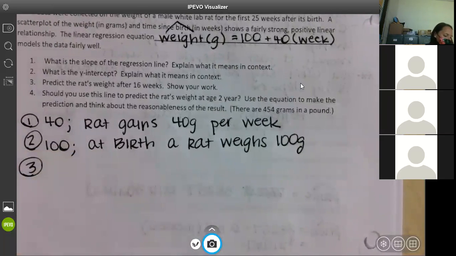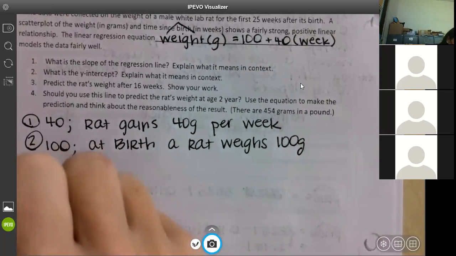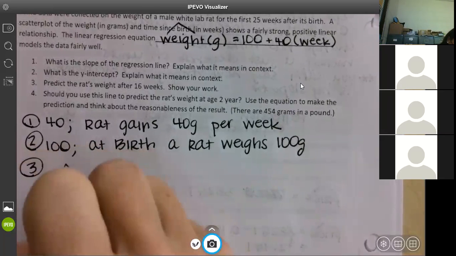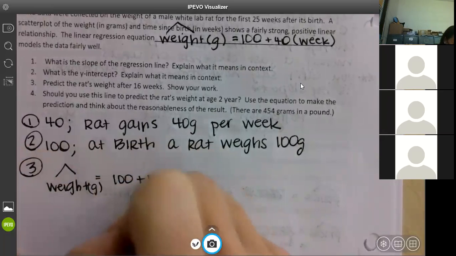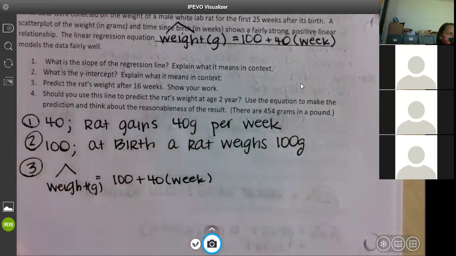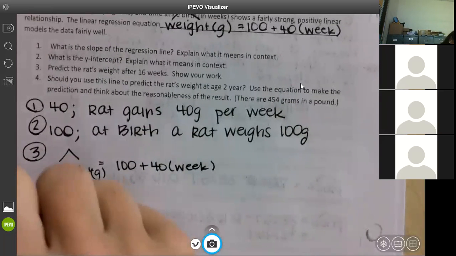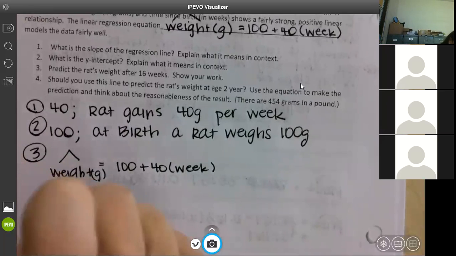Predict the rat's weight after 16 weeks. It says show your work. This is where I'm talking about. Go ahead and rewrite that equation. Predicted weight in grams equals 100 plus 40 times weeks. We're trying to predict the weight, so we're going to keep that in there.